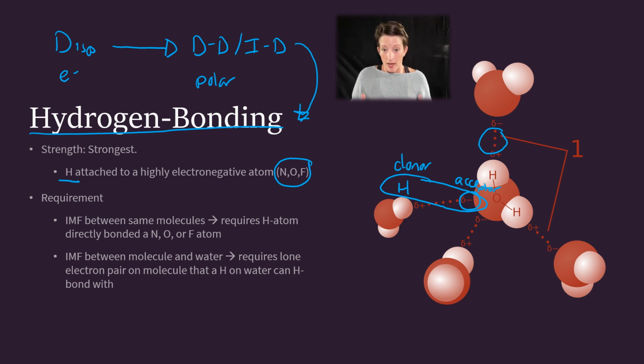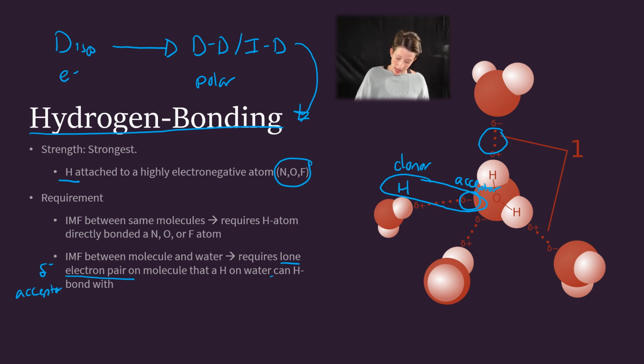Within one compound, as long as that compound has the oxygen or the hydrogen bonded to one of those three elements, you get that hydrogen bonding. You can also have hydrogen bonding between different molecules. What you need is a lone electron pair that can act like oxygen does. It's acting as that slight negative, so it wants to be an acceptor, a hydrogen acceptor.